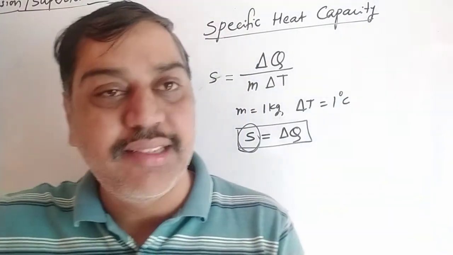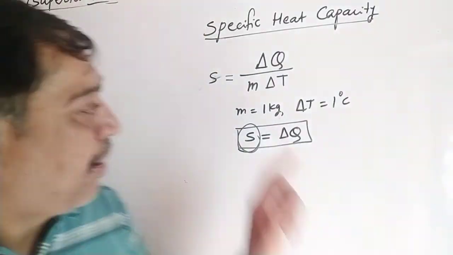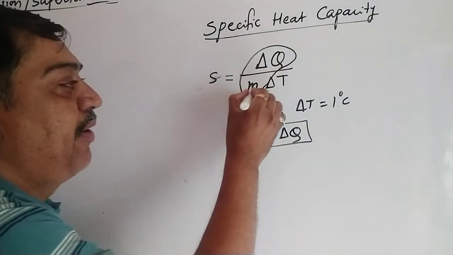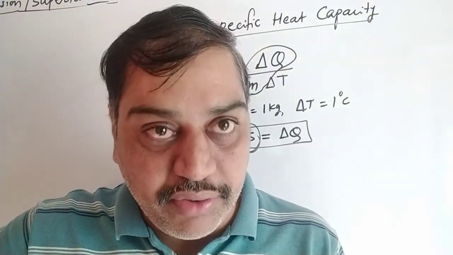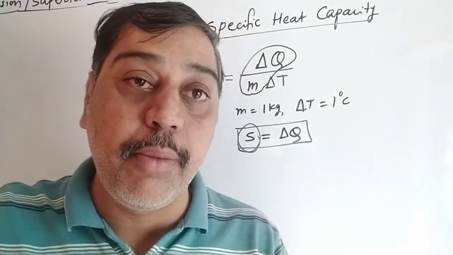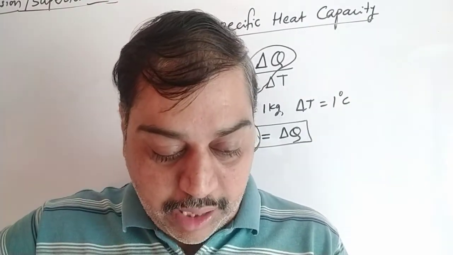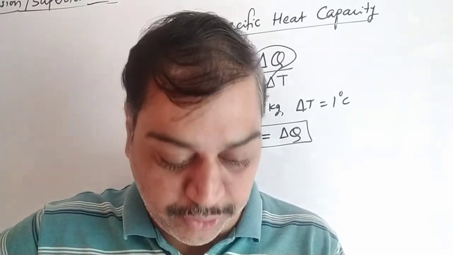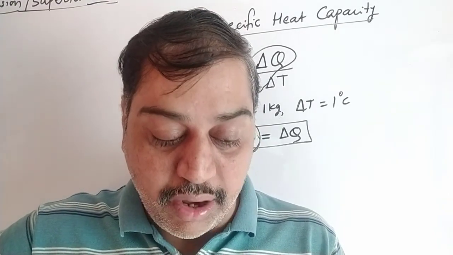Thus the specific heat capacity is defined as the amount of heat per unit mass, delta Q by M, absorbed to increase the temperature or given out to decrease the temperature, by the substance to change the temperature by 1 unit, 1 degree or 1 Kelvin.